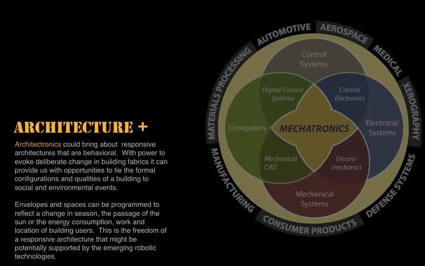So envelopes and spaces can be programmed to reflect change in season, passage of sun, energy consumption, and patterns of usage. This is a freedom of responsive architecture that might potentially be supported by the emerging robotic technology. So this was the ambition of bringing architecture into this diagram together with other disciplines we see here: automotive, aerospace, medical, defense. System architecture could be very much part of it.